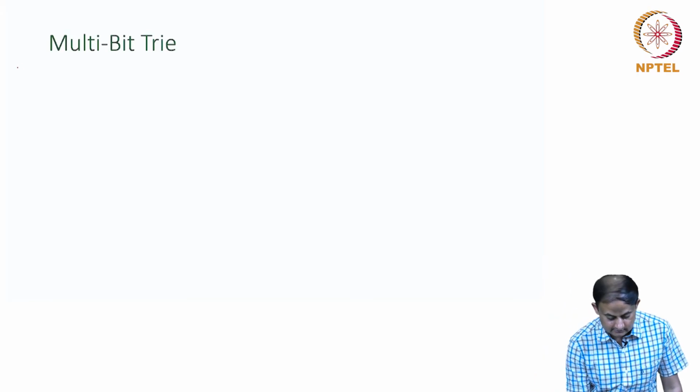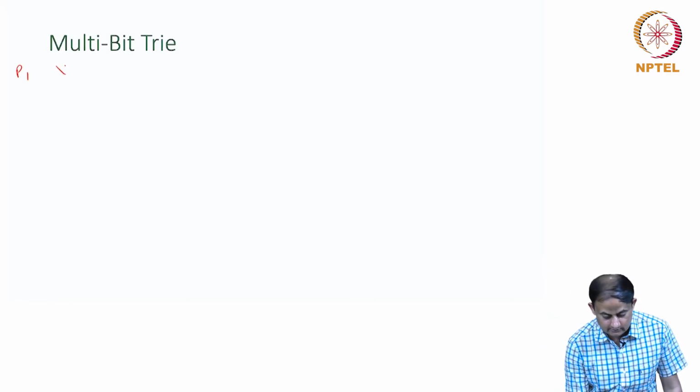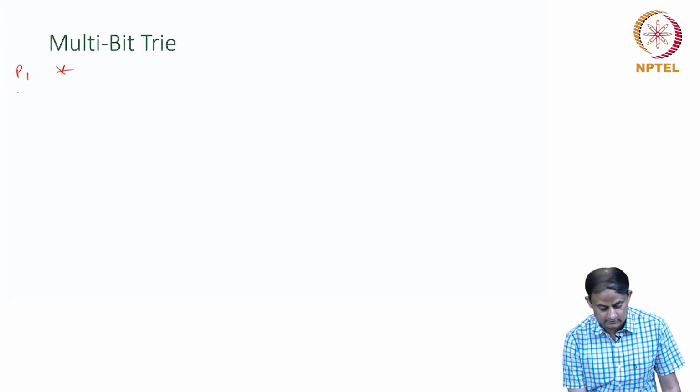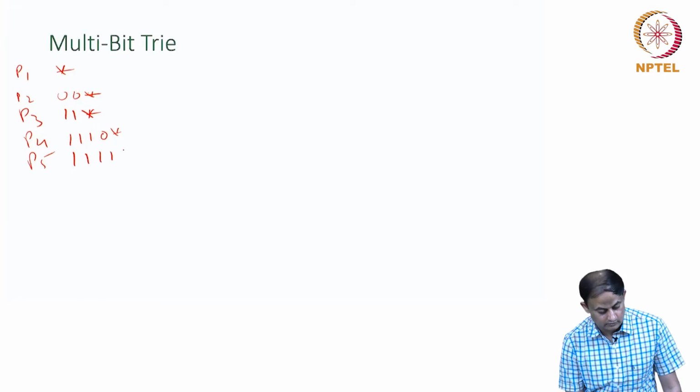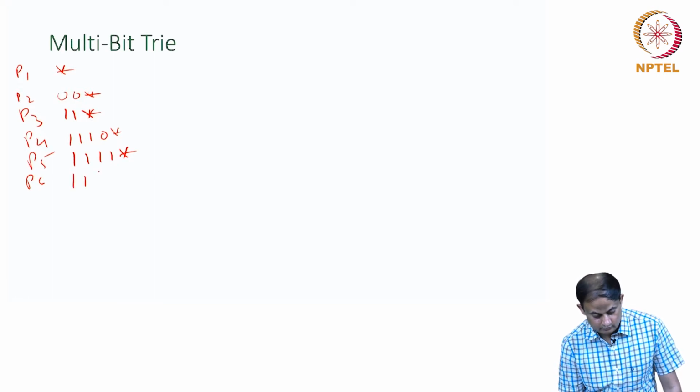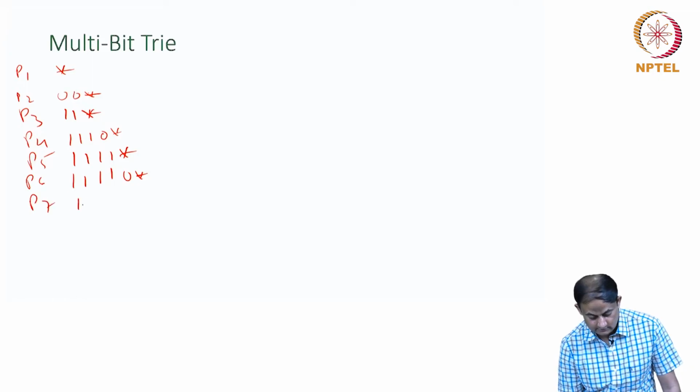So, let us take this set of prefixes. As usual, P1 is the default route star, and P2 is, let us say, 0 0 star, and P3 is 1 1 star, and P4 is 1 1 1 0 star, and P5 is 1 1 1 1 star, and P6 is 1 1 1 1 0 star, and P7 is 1 1 1 0 0 star.